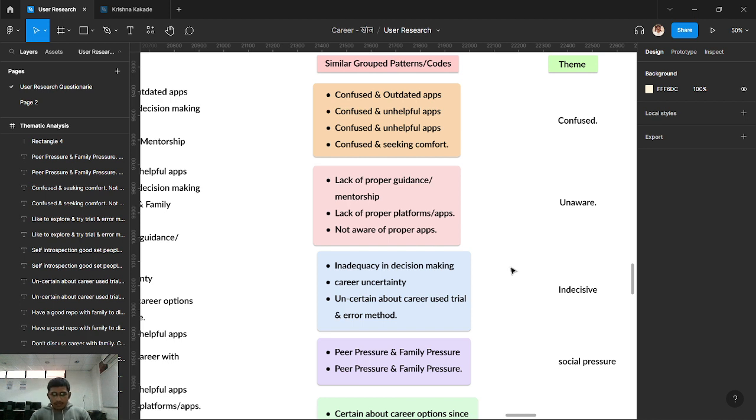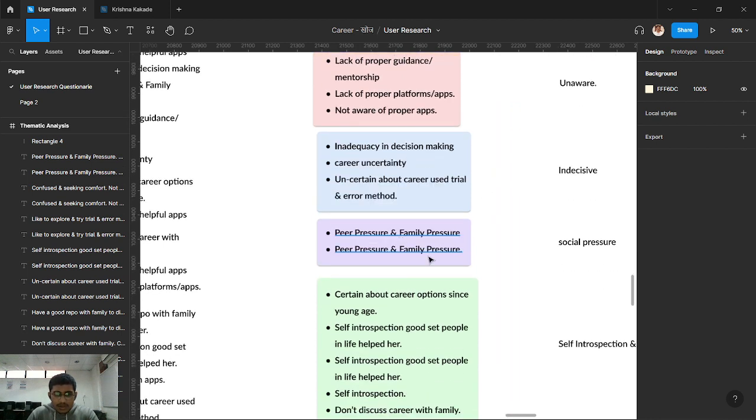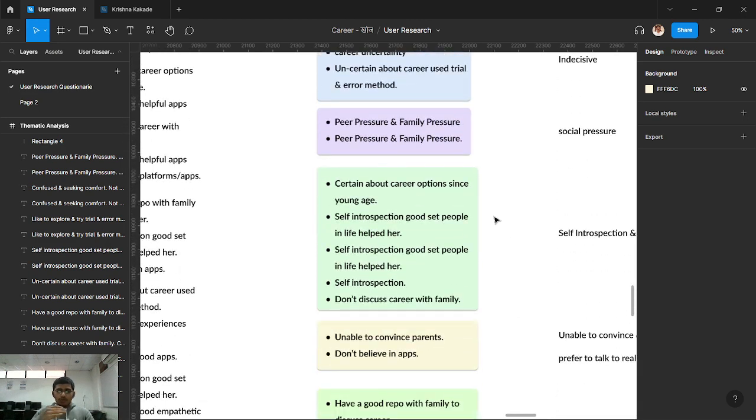She used the trial and error method to identify a better career option for herself, trying development, sketching, writing, UX design, digital marketing, everything. Family pressure and also peer pressure. So these are the similar patterns we have grouped together.